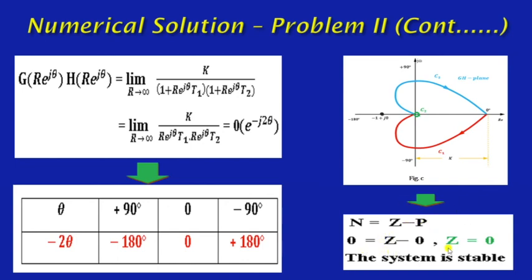Then this result is Z equal to 0. Z equal to 0 means there are no characteristic zeros present on the right hand side of the S plane. That means no closed loop poles are present on the right hand side of the S plane. Then the system is stable.